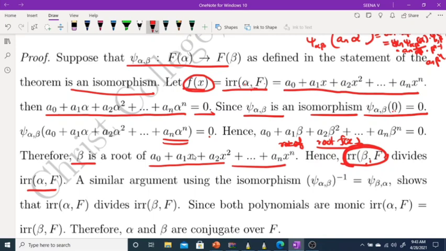Now suppose we started with the irreducible polynomial of beta over f, and psi alpha beta is an isomorphism. Therefore, it is 1 to 1 and onto, and its inverse exists. Psi alpha beta inverse you can write as psi beta alpha.